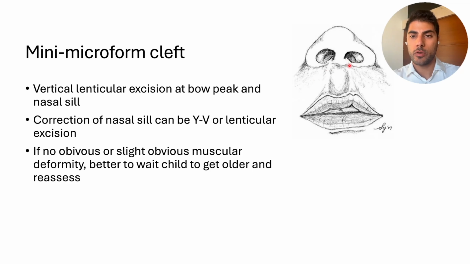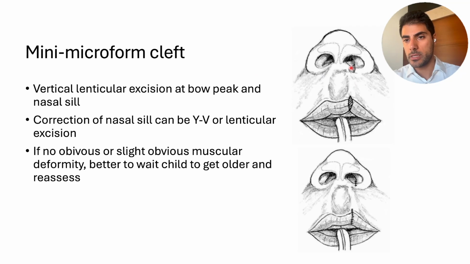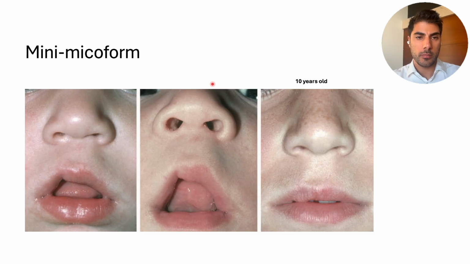And it can also be done in the nasal sill by a Y to V incision or advancement. So this is the lenticular incision here and here that he used, and we can see the result in a mini microform cleft. Here there is no need to correct the muscle because we still have a very small muscle deformity, and this is the 10 years later result of the lenticular excision.